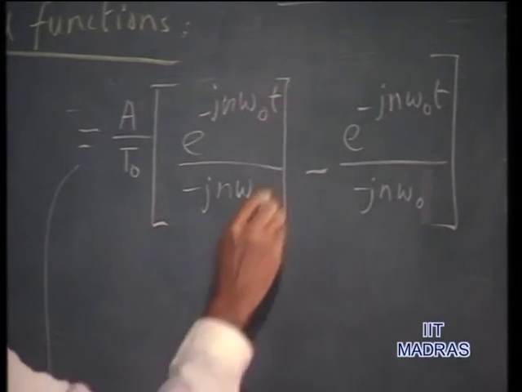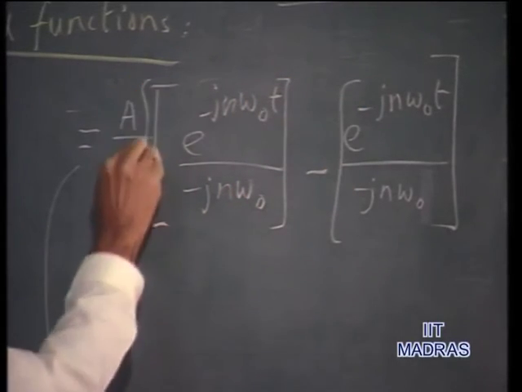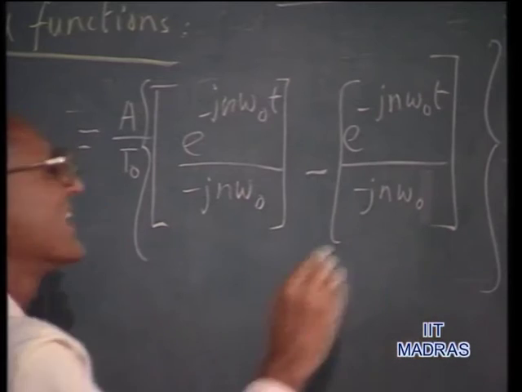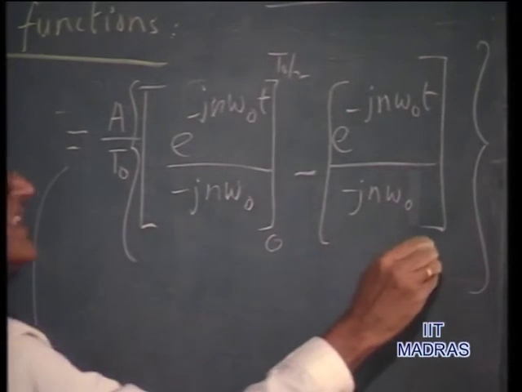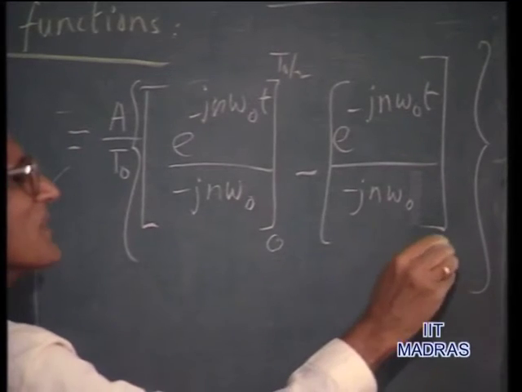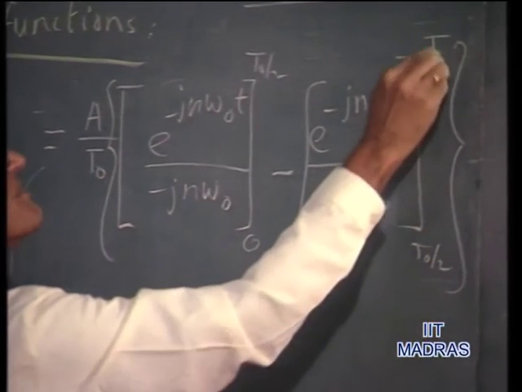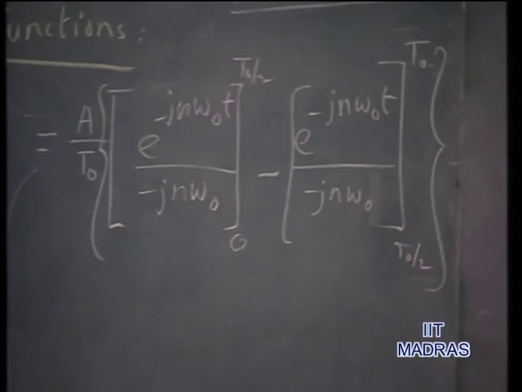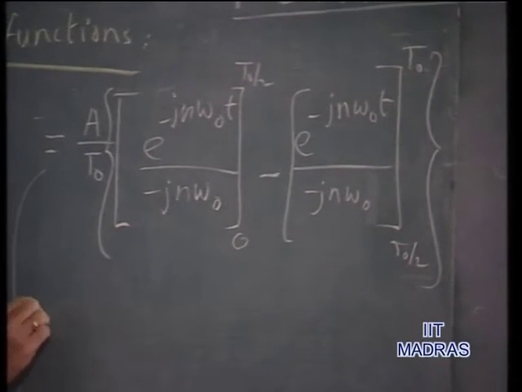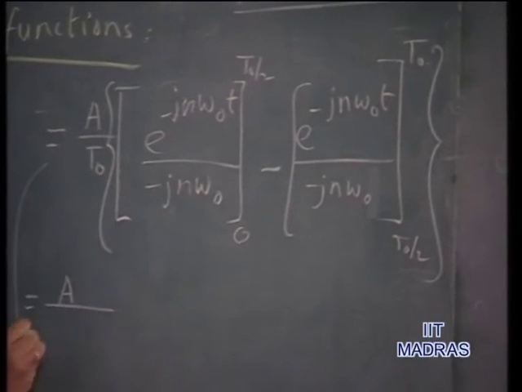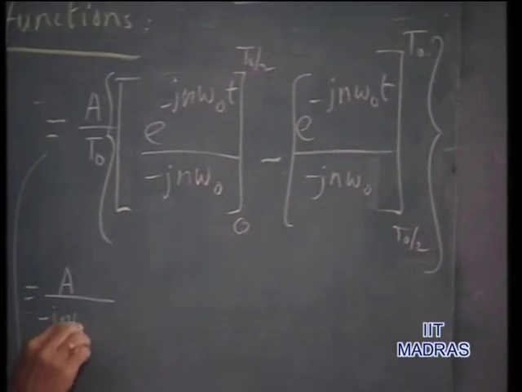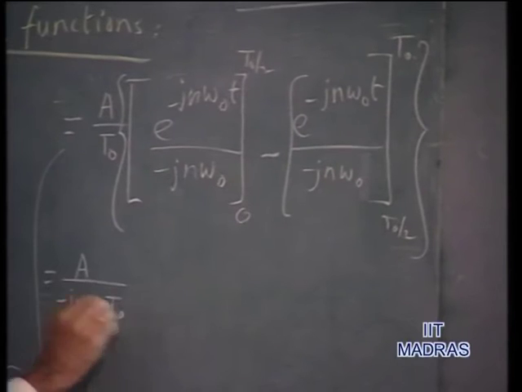The first integral is evaluated between 0 and t naught upon 2. The second integral is evaluated between t naught upon 2 and t naught. So you can take out minus jn omega naught outside.